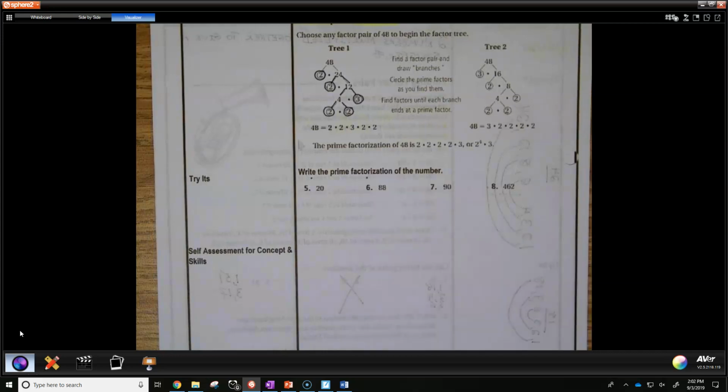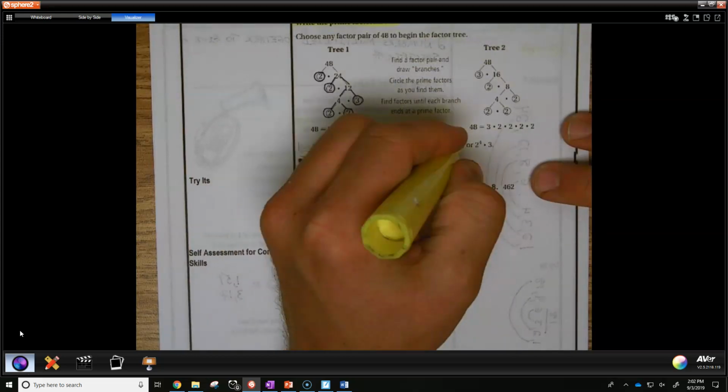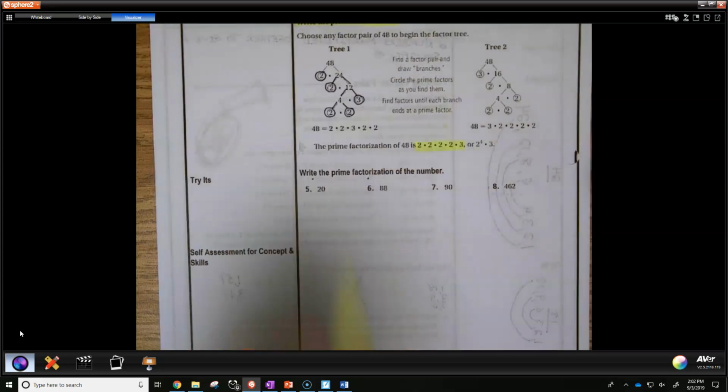So then we write this out. Now I'm going to show you one trick that they did, but you guys are not going to write this on your homework. When they wrote out their answer, they wrote it smallest number first, 2 times 2 times 2 times 2 times 3.